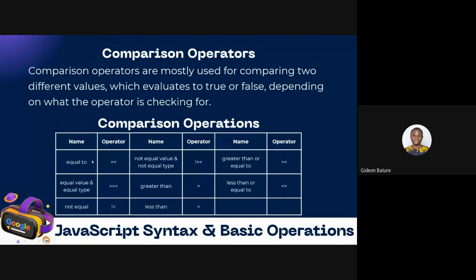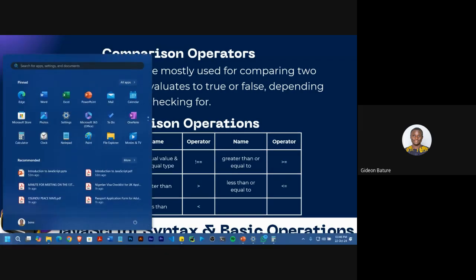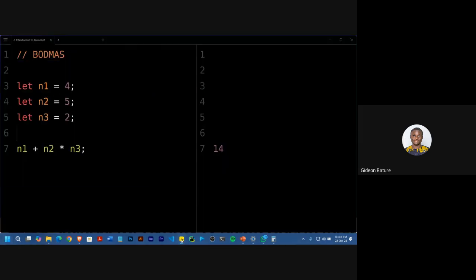Okay, good. Now let's look at how to make use of these comparison operators. Now, just like I say, what they do is to check. All right. So let's start with the first one we have.